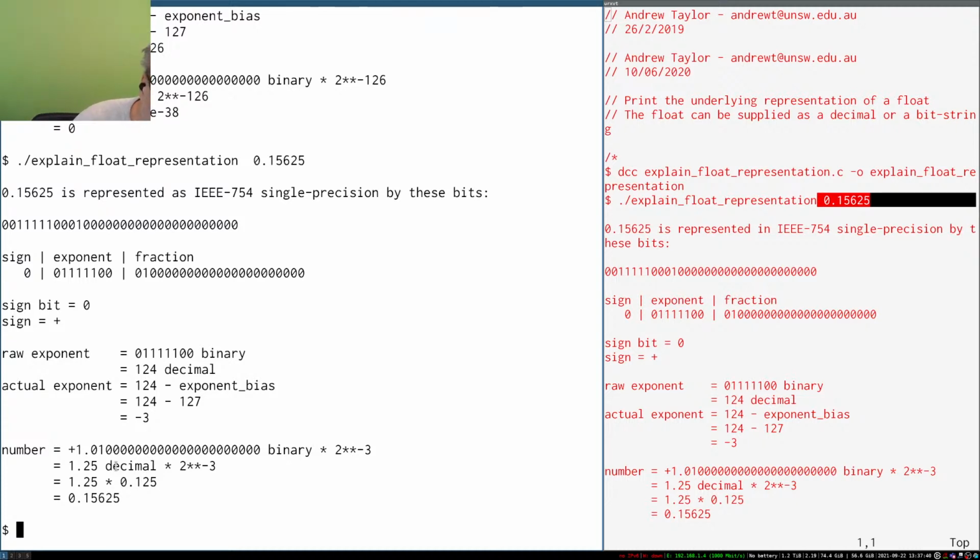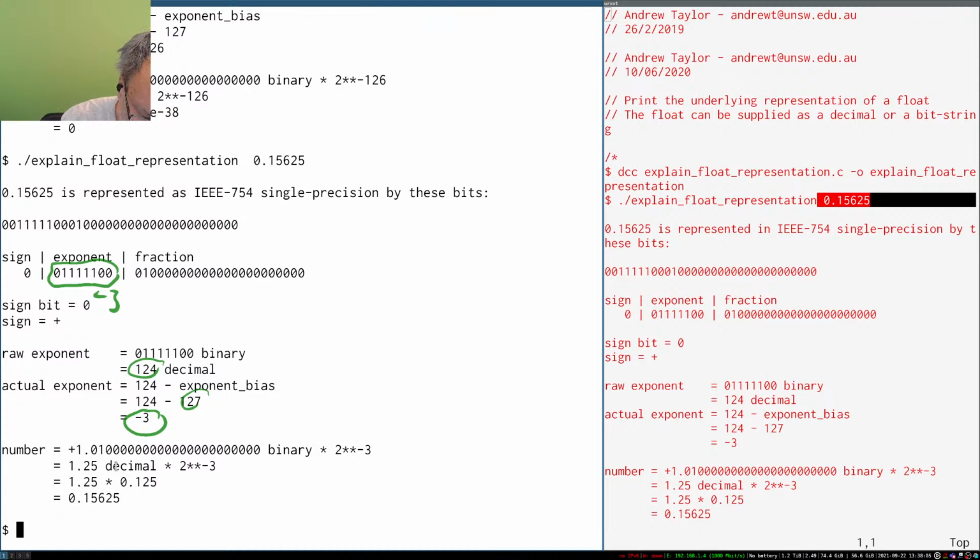So if you're pulling apart this, we get first bit 0, so it's a positive number. Next 8 bits are giving me the exponent, so I have to calculate what that is. If I work that out, that turns out to be 124 base 10. The bias is 127, so the exponent here is minus 3. So we've worked out an exponent of minus 3.